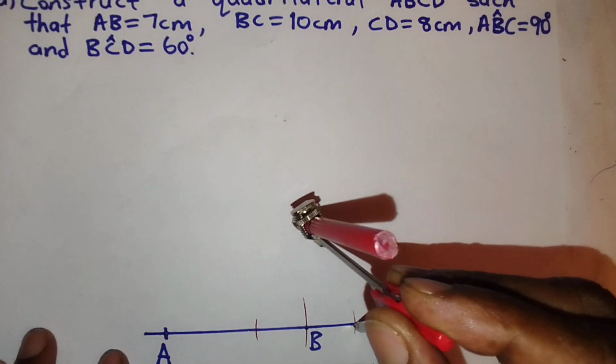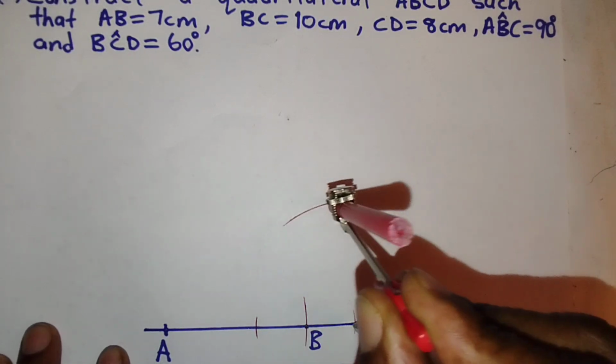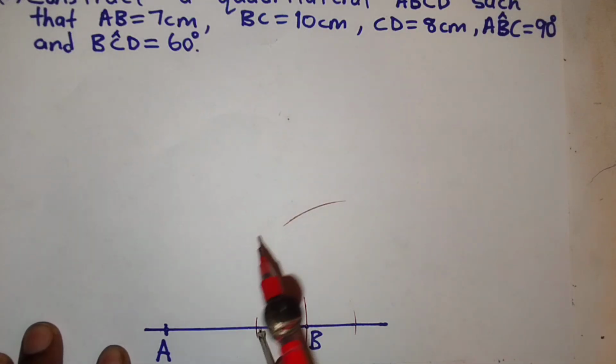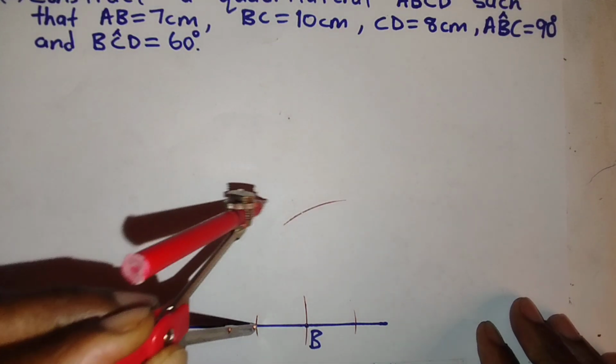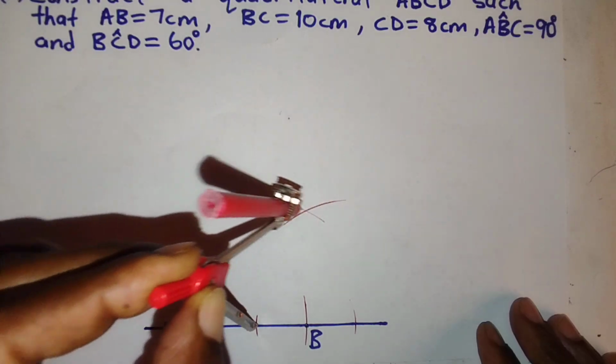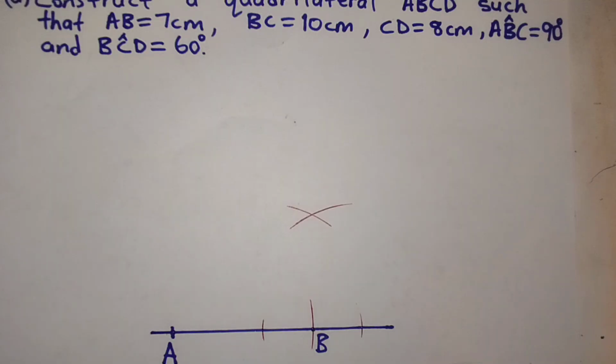Remember, I want to construct an angle of 90 degrees at B. So we are changing the radius with this point of intersection of the arc and the line AB, and I'll construct another arc which cuts the previous one above B like this.